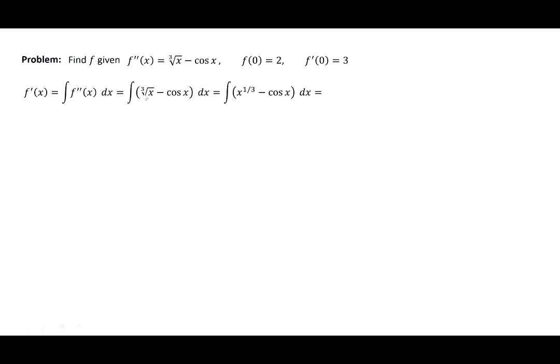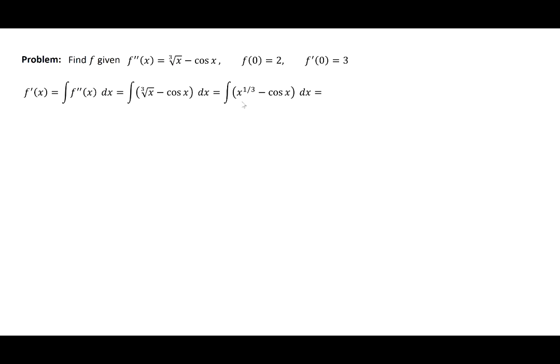So I wrote cube root of x as x to the 1/3 so that we can exploit the power rule of integration, x to the n. The integral of x to the n is x to the n plus 1 over n plus 1. So x to the 1/3 plus 1 over 1/3 plus 1. But 1/3 plus 1 is 4/3.